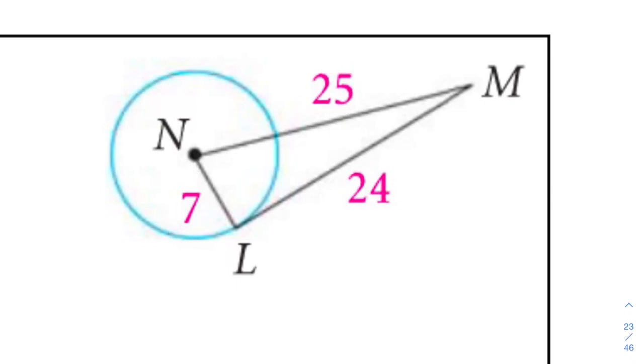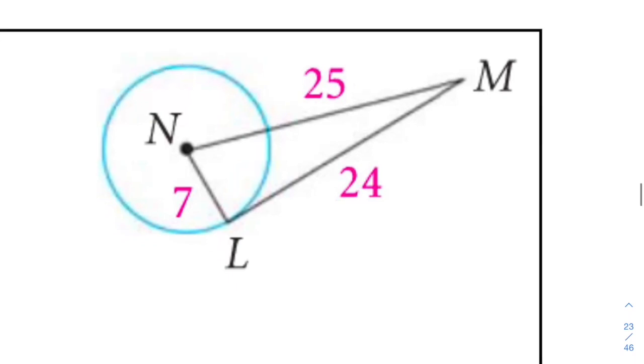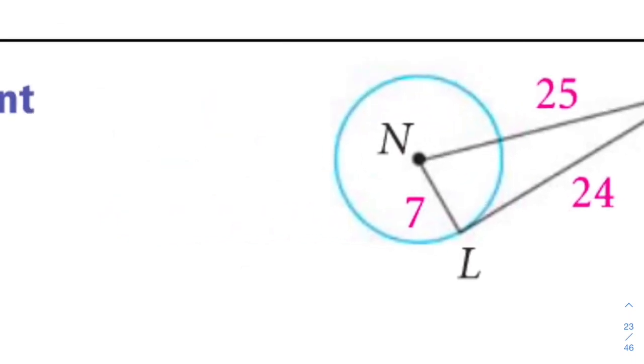And we're going to say, hey, if this was a right triangle, it would actually have to abide by the Pythagorean theorem. That's why we did this earlier, because it's going to be relevant. We're going to say, does leg squared plus leg squared equal hypotenuse squared? If this is true, then we have a right triangle, and that would make it tangent.